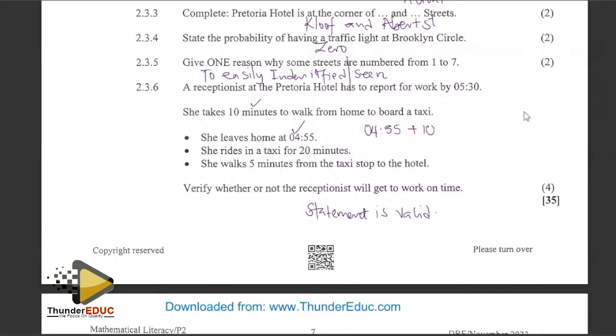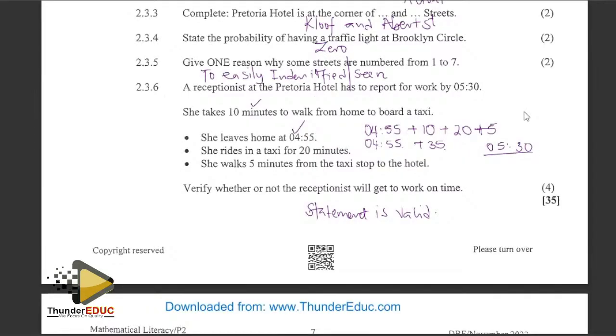She spends 10 minutes walking to the bus stop, plus the 20 minutes inside the taxi, plus the 5 minutes off the taxi to the hotel. When you add this, you end up having 4:55 plus 35 minutes, right? The 5 minutes plus this becomes 5 exactly. You add up this time.